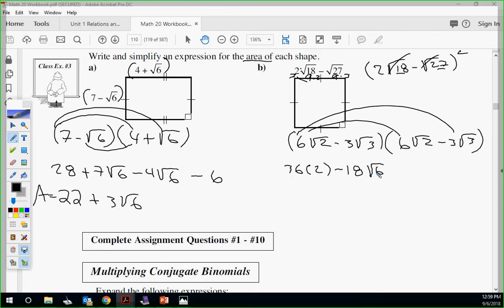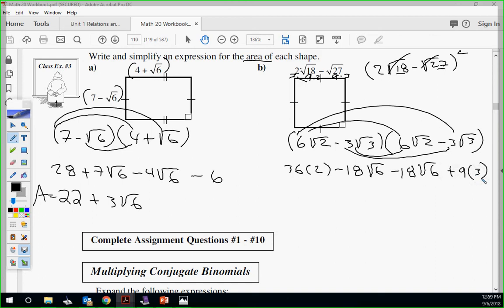Right here. Yeah, see, we made this 9. We pulled the 9 out. Okay. Right here, negative 18. Again, look, that's nice. Comes with a root 6. So we're familiar with that. And the end, negative 3 times negative 3 is positive 9, and then a 3, because it's root 3 times root 3.